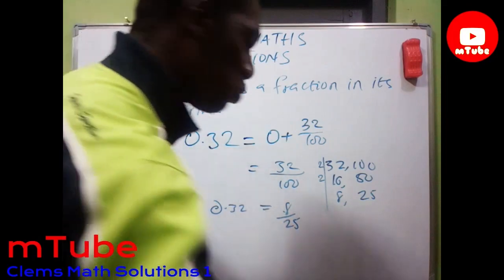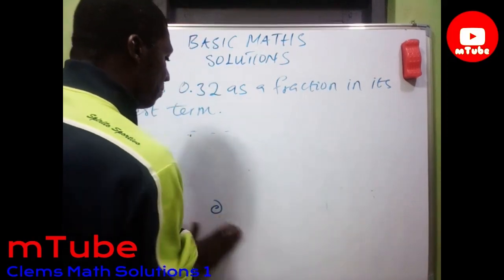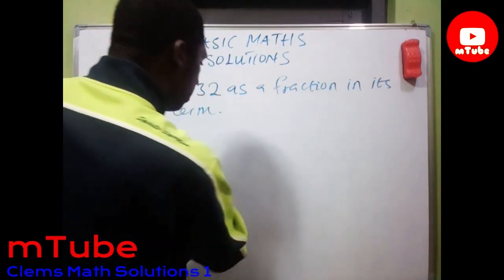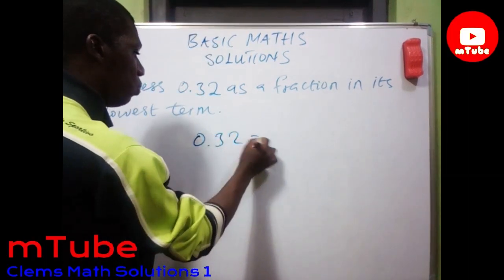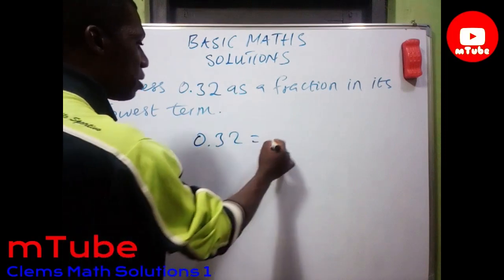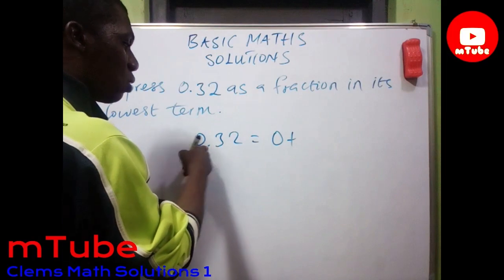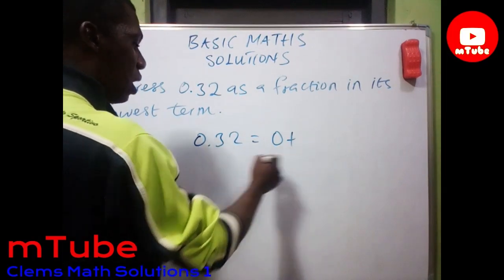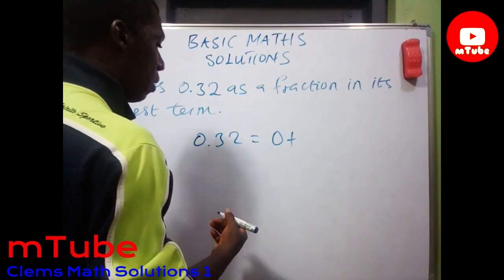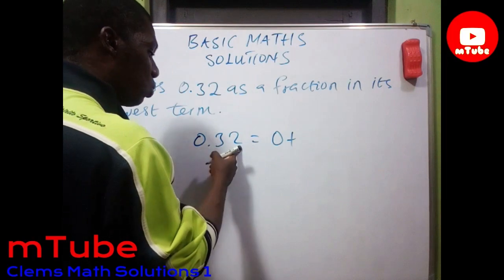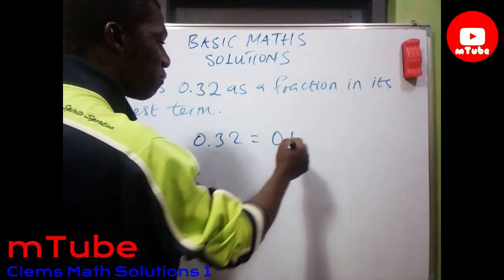I want to do that again to help you understand. You have 0.32. The best way to do it is writing 0 plus, since the point here is a separator that should be changed to a plus. Then the 32 coming after the decimal point is definitely a 2-digit number, and it is definitely a fraction of 100.